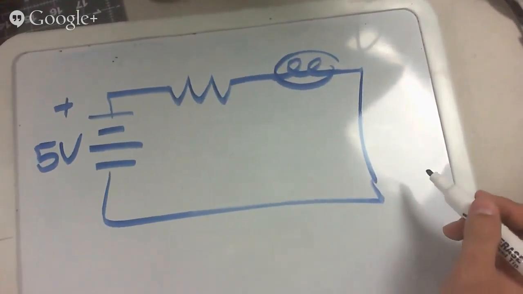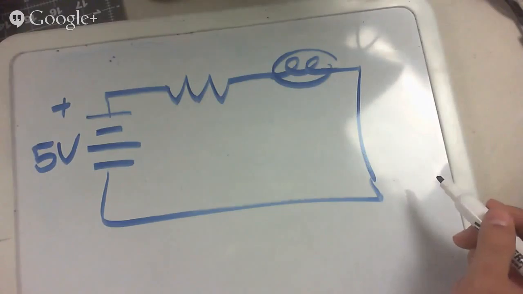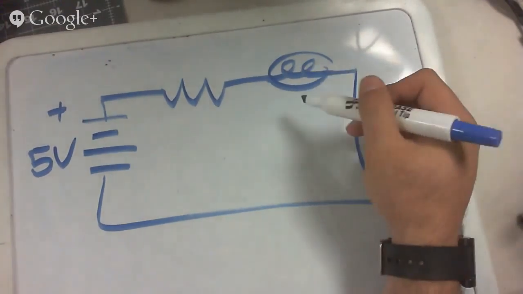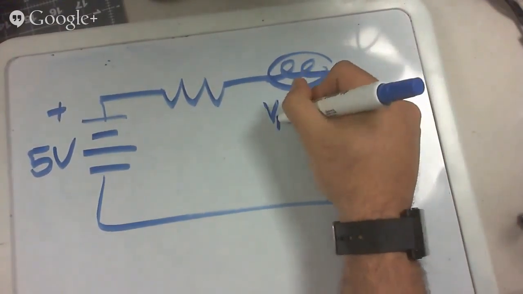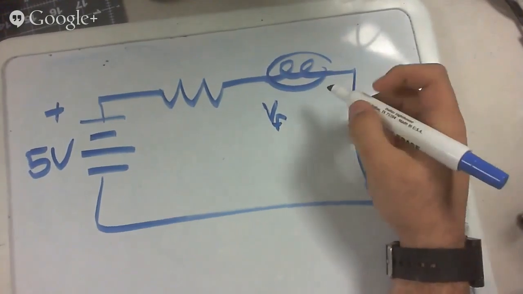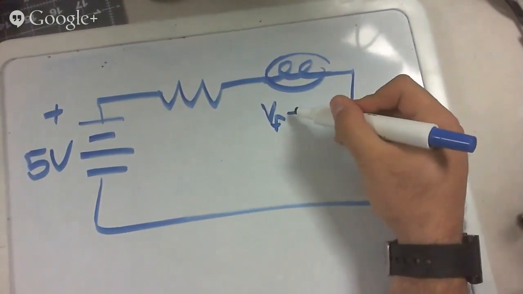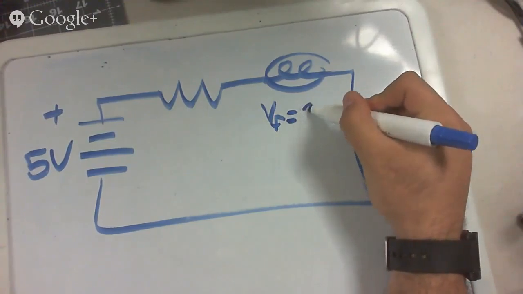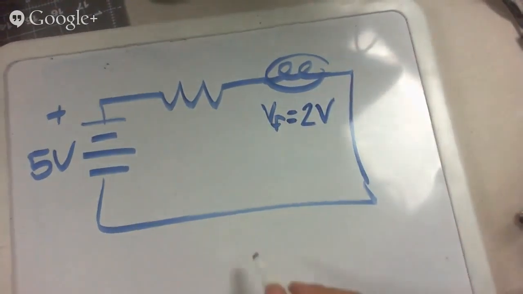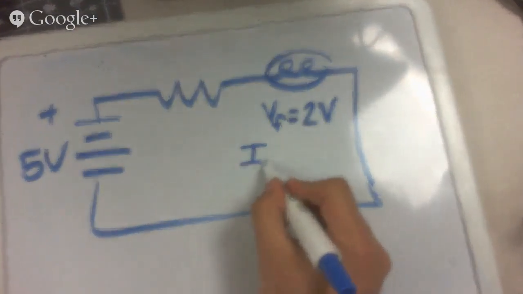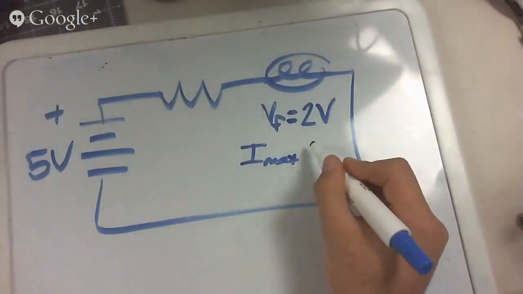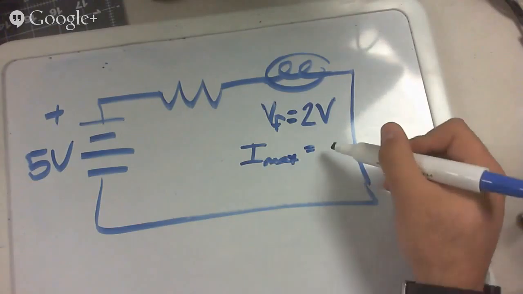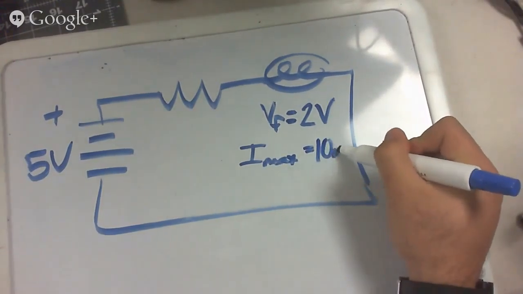And let's say that this light bulb has a forward voltage of 2 volts. Again, I'm using these terms because when you get to LEDs, it'll actually be useful, but to give you the idea. And let's say the max current through it is 10 milliamps.